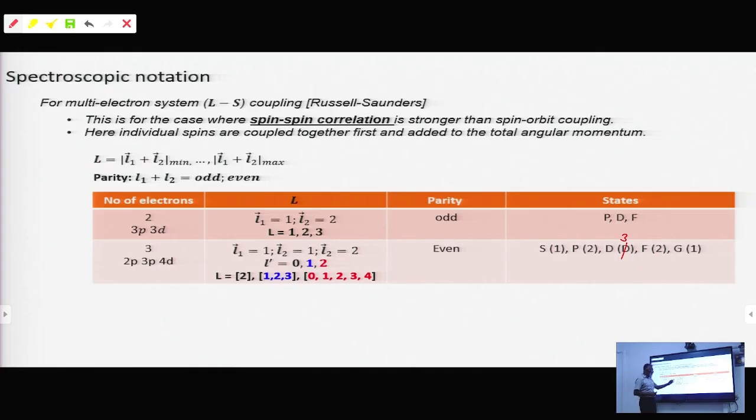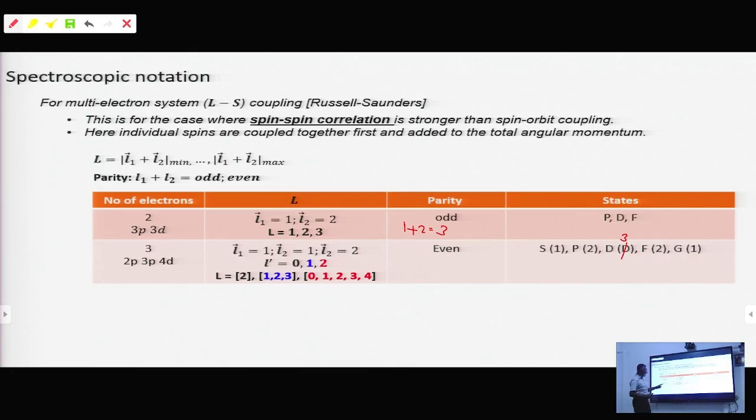Parity: 1 plus 2 is 3, just odd. This is odd. And what are the states? It depends on the L value, so P, D, F. The states will be P, D, F. And we'll come to that later.